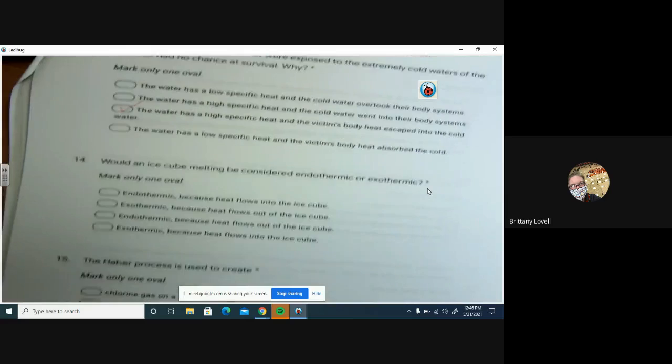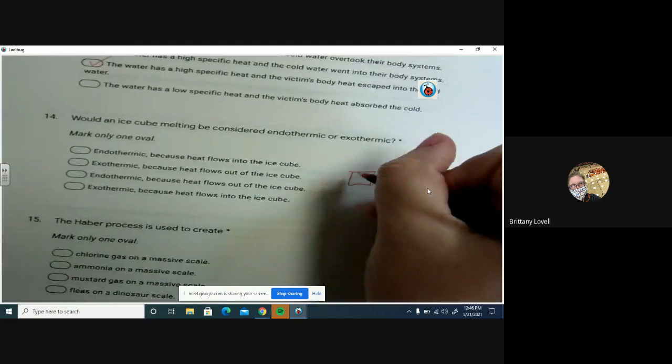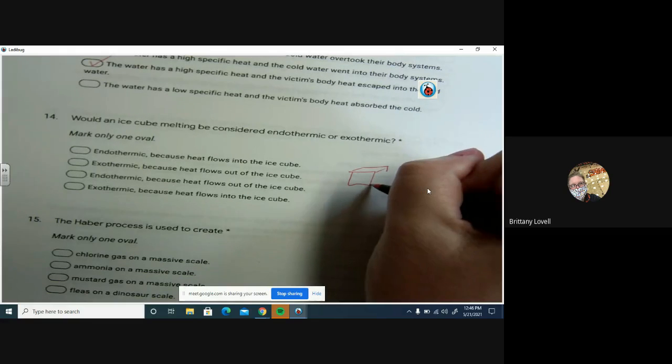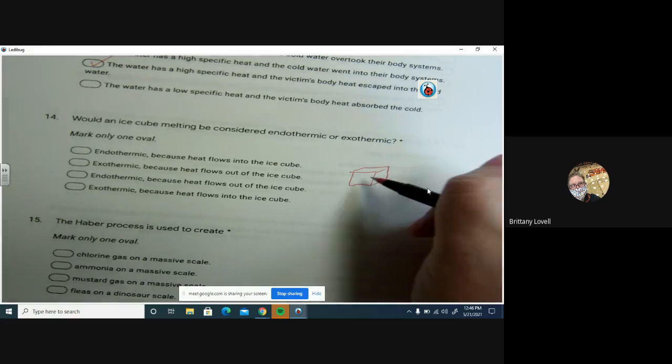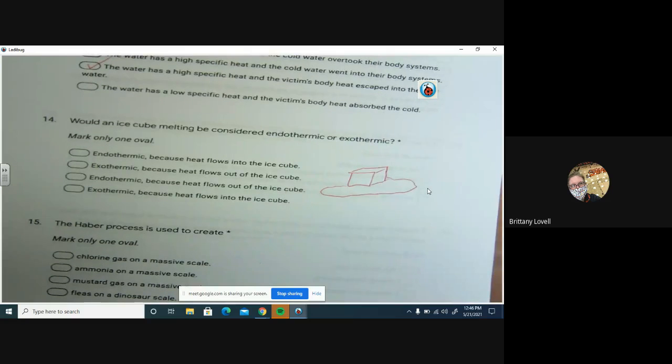All right, number 14, would an ice cube melting be considered endo or exothermic? All right, so if this is going to go from frozen solid into liquid water, right? What's going to cause that to happen? Well, it's going to have to heat up, right?